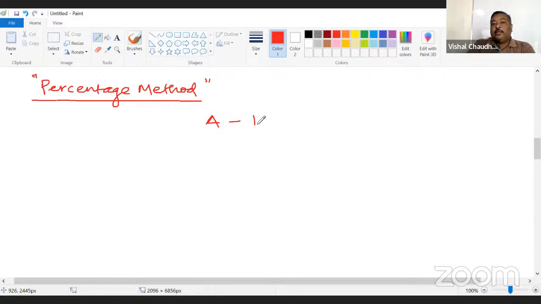Abhi can do it in 10 days. So his efficiency is 1 by 10, and that is 10%. Sandhya can do it in 15 days. So her efficiency is 1 by 15, and 1 by 15 is how much? It is 6.66%.